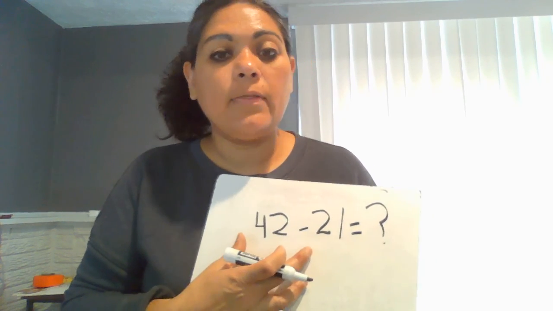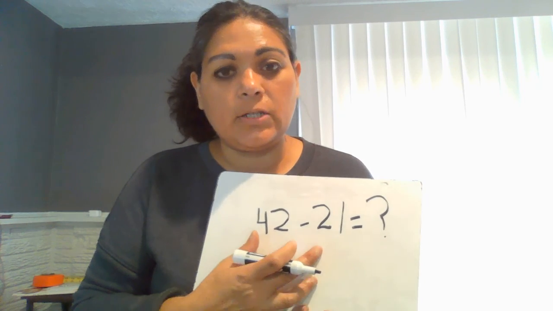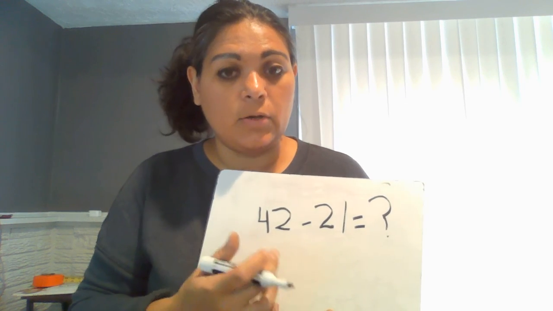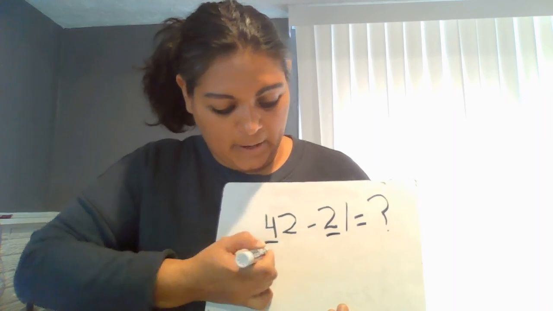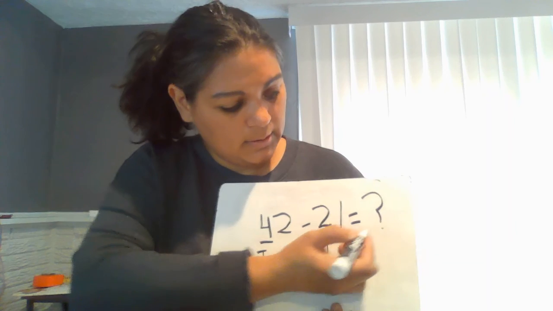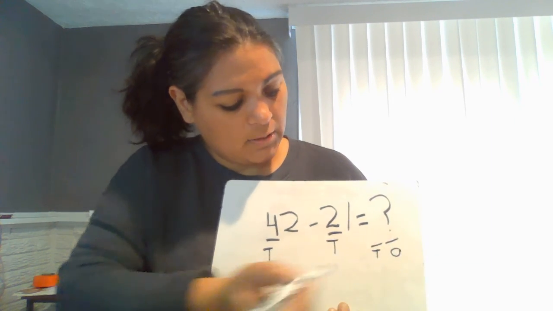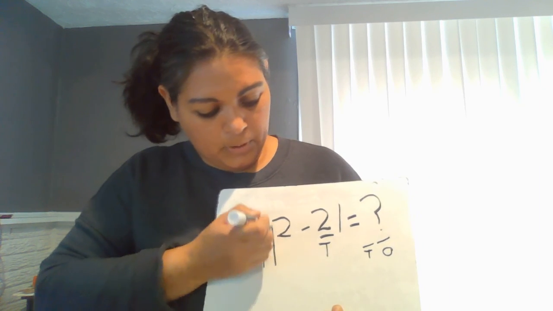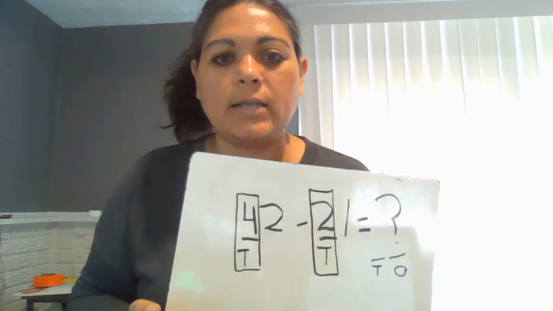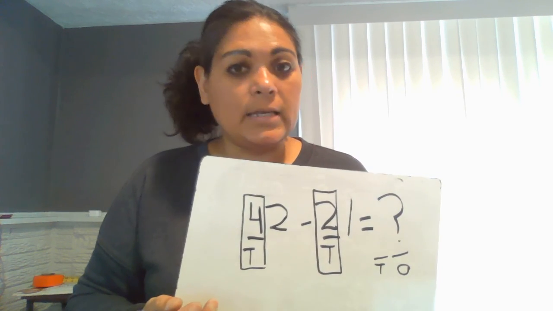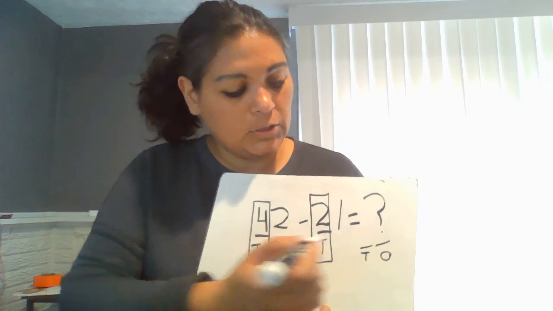Okay, these are larger numbers, so counting up might not be as easy because you don't have 21 fingers. So you might use another way. For today, I'm going to place value it, tens and ones. And I'm going to put my tens and ones over here. I'm going to put a rectangle around my tens and my tens, so I see what I'm subtracting first. 4 minus 2 is 2.